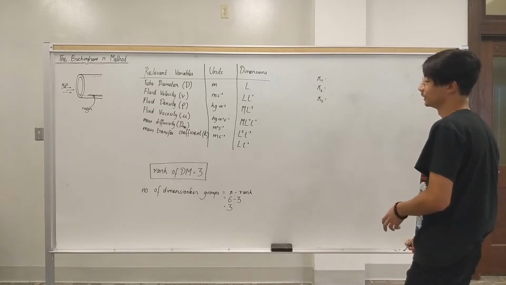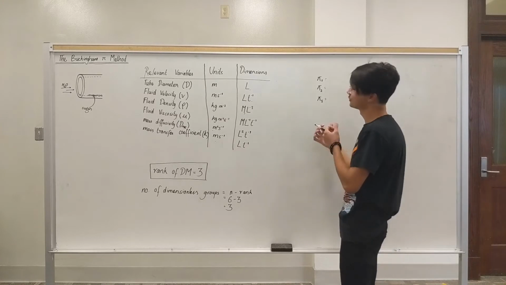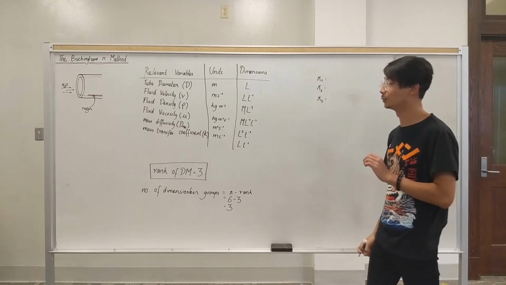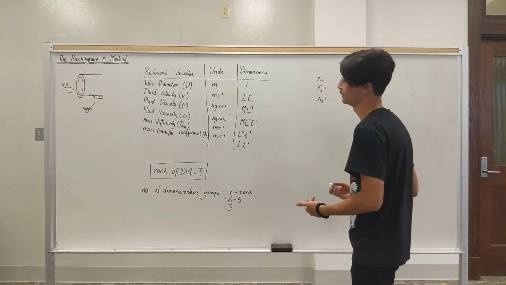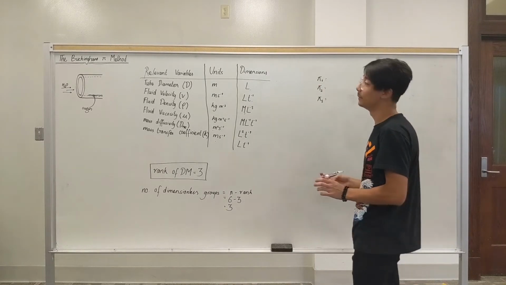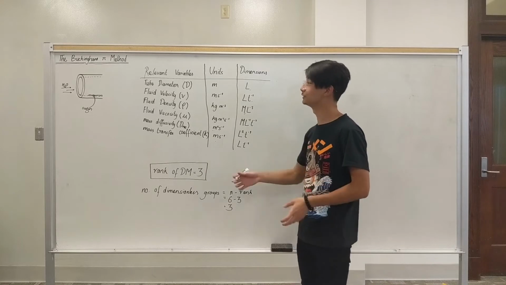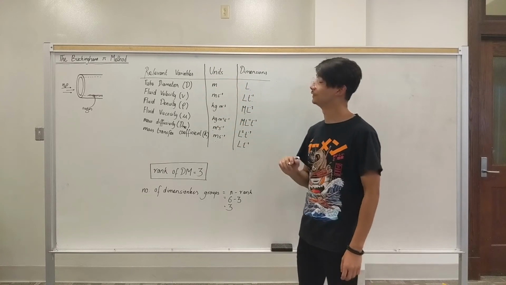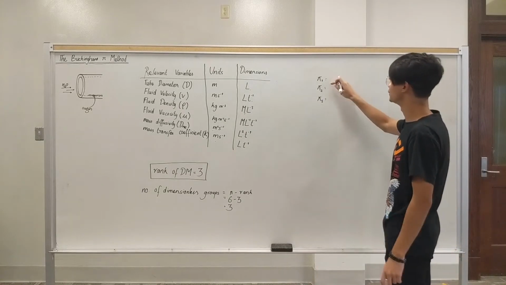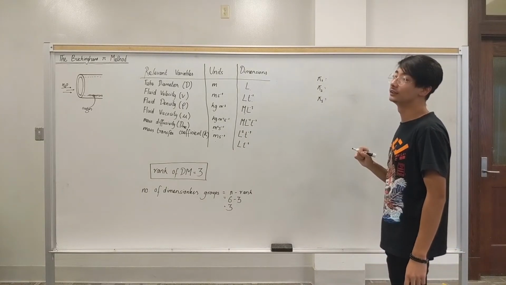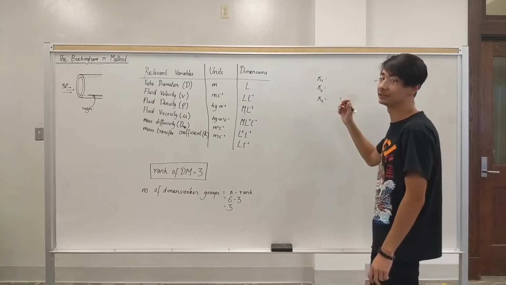Now, each of these dimensionless parameters is going to have what is called a core group. So what is a core group? A core group is basically a group of variables that we select from the variables that we already have, that we will assign to each of our dimensionless parameters.